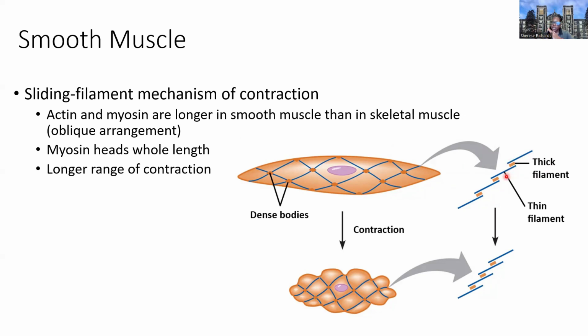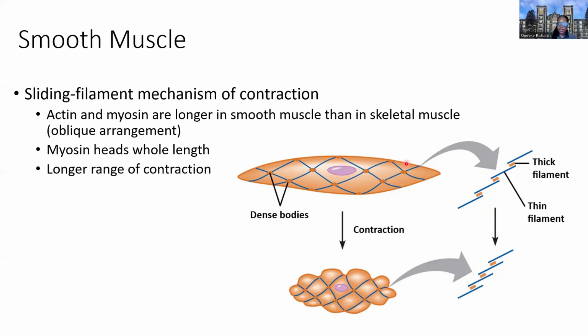And the sliding here is more of an oblique sliding. So that causes the cell, which is this sort of oval-shaped cell, to scrunch down into a ball. And so that sliding model still happens, but it just creates a different shape. Instead of shortening in a horizontal way, it's scrunching this cell into a ball.